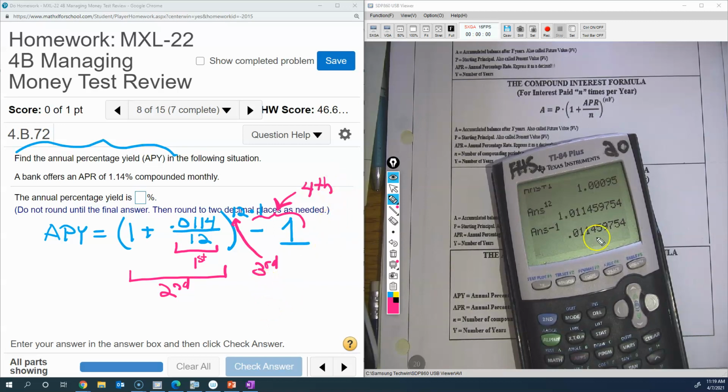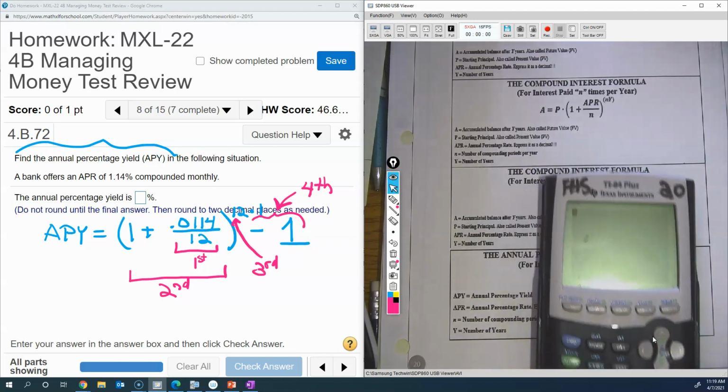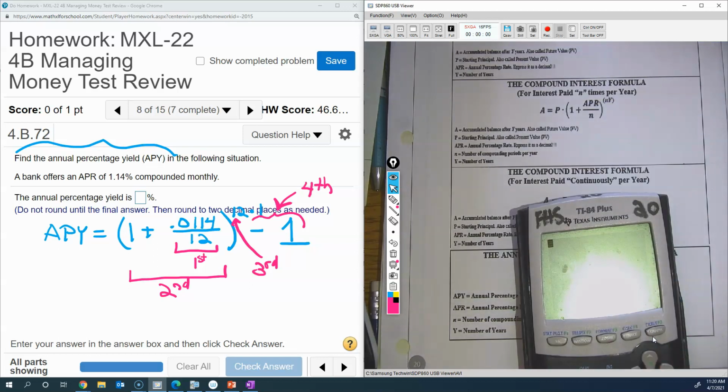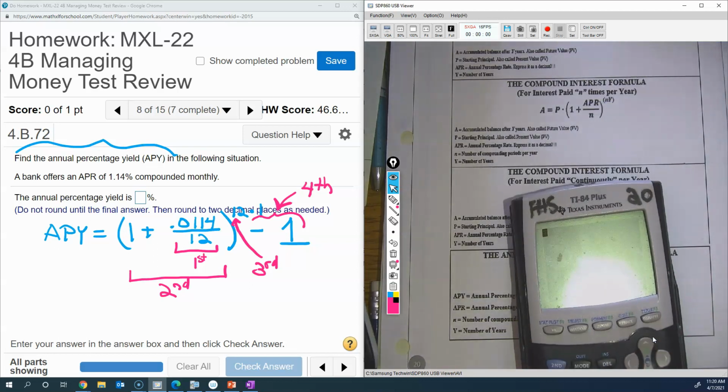Now, if for some reason you get that answer that had the e to the negative 4 on it that I had gotten earlier, that's just scientific notation. Okay, so I'll show you what I mean by that. Let's say you did this and you ended up with a final answer in scientific notation. 0.0114.